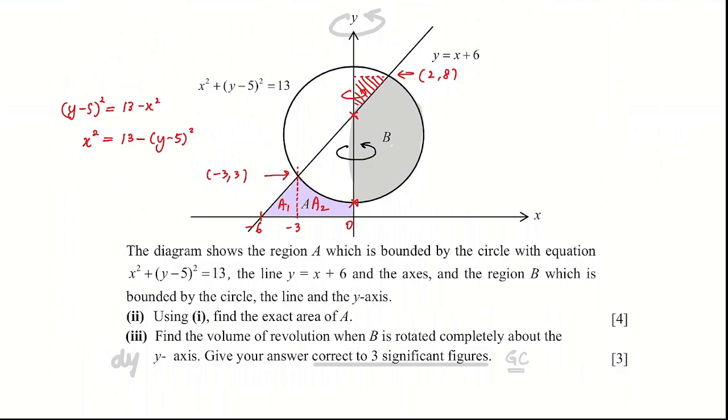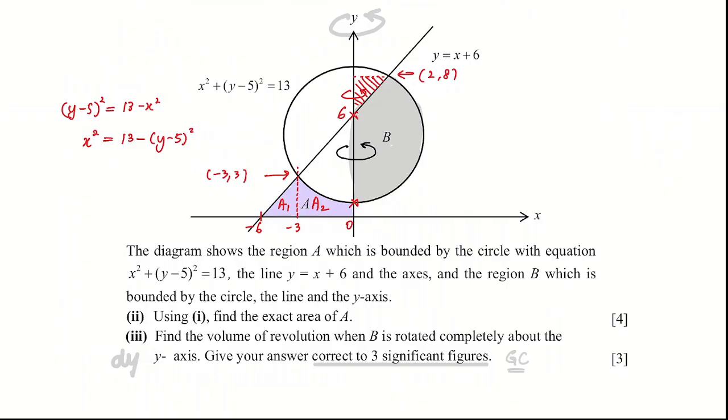Making use of this equation of line, the y-intercept is at 6. Then for this one over here, making use of the equation of circle when x is equal to 0, you can try to find the value of y.